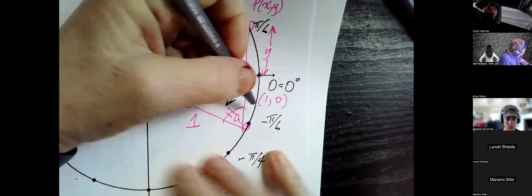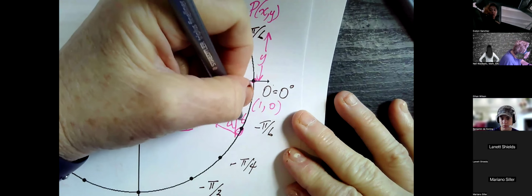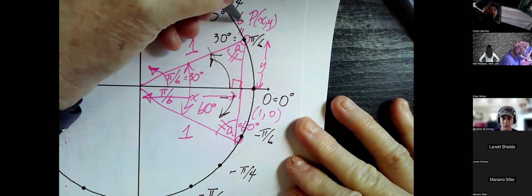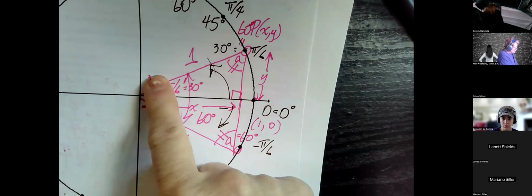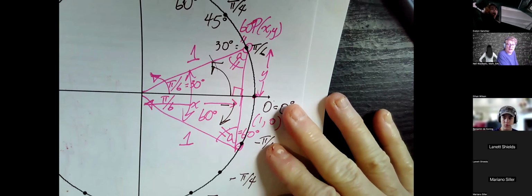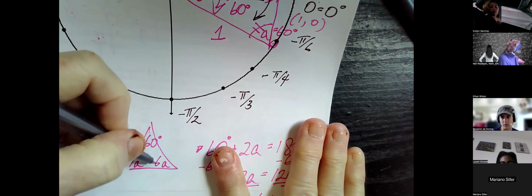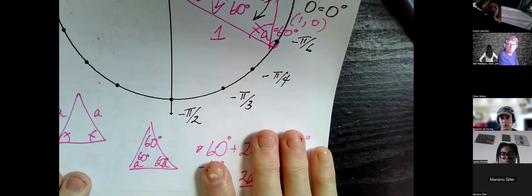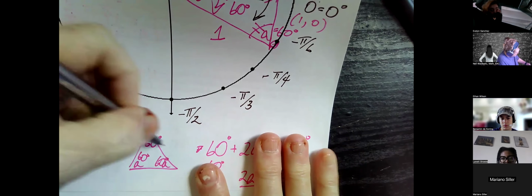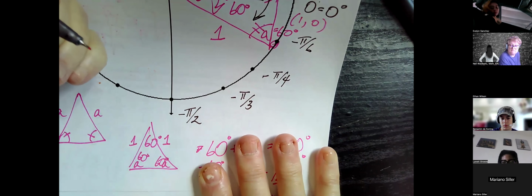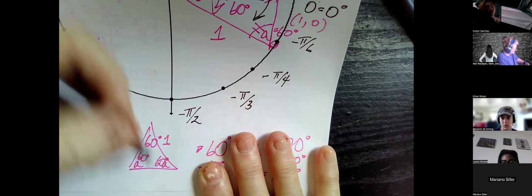Okay, so if A is 60, what is it called when all three angles are the same? Equilateral triangle, I think. Yes, and what does that mean for the sides? All sides have to be the same.